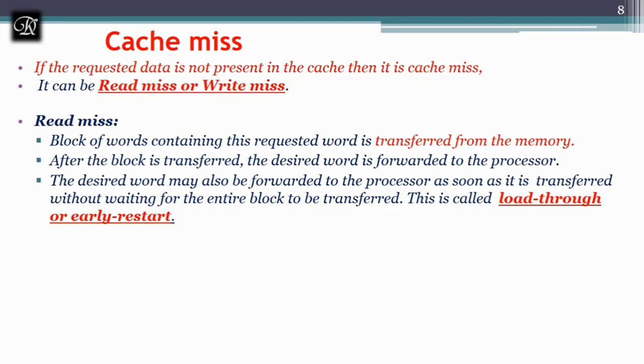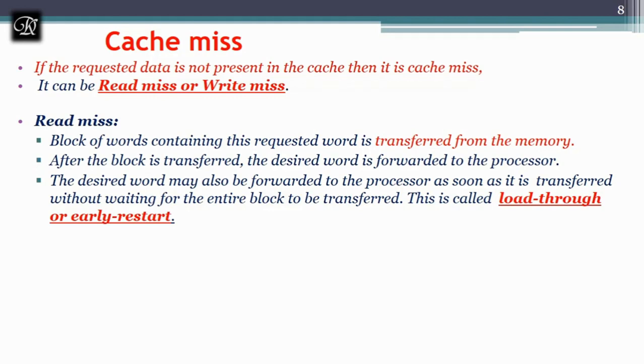A block of words containing the requested word is transferred from the main memory whenever there is a read miss. As before, take the example a equals a plus b. I want the a and b values. Now a and b are not there in the cache memory; the assumption is they are there in the main memory. Now they have to be transferred from main memory to cache memory.